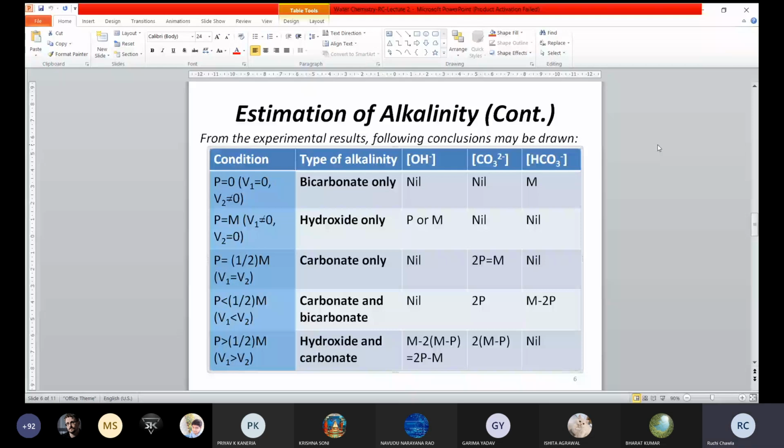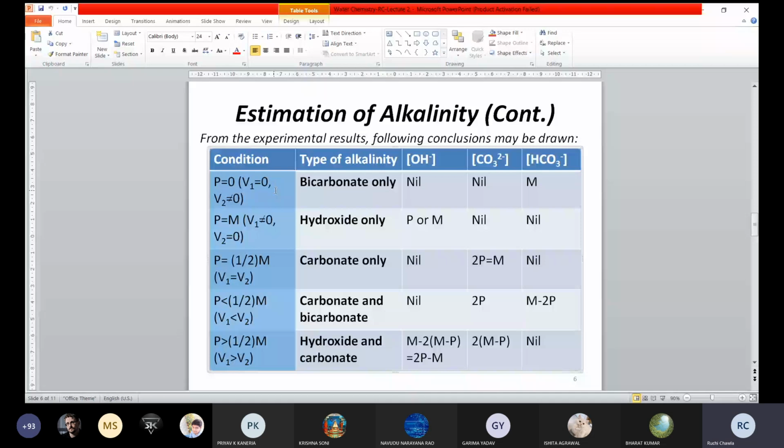If both volumes are 0, V1 is 0 and V2 is 0, it is of no interest to us because that will mean there is no alkalinity in the water sample. Now come to condition number 1. You can get this: V1 is 0, but V2 is not equal to 0.